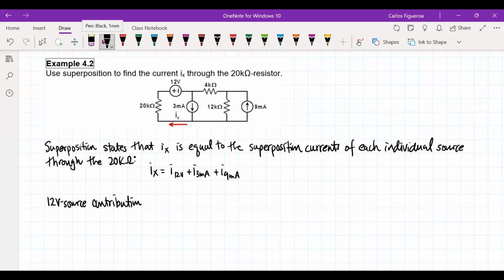Contribution to Ix. So that means we have to deactivate the 3 milliamp and 9 milliamp current sources.